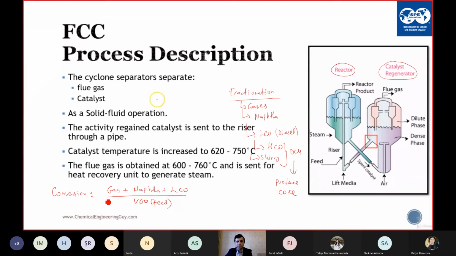This is your conversion. So we can say that HCO and slurry are unconverted products. You might expect a conversion of around 0.87.